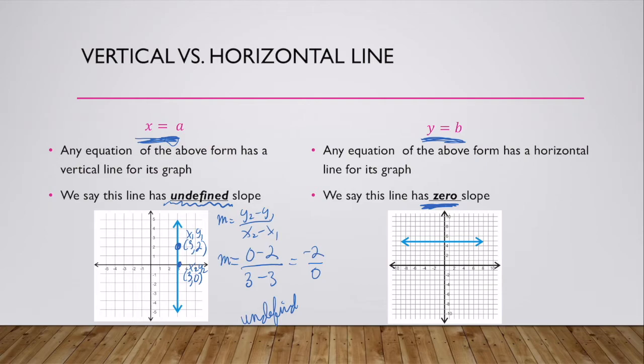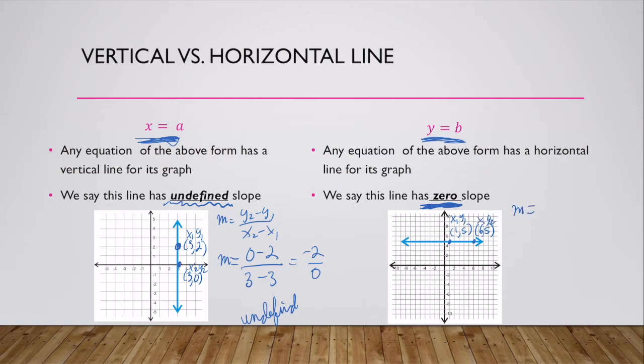Let's figure out why this line has 0 slope. So let's pick 2 points. I've got when x is 1, y is 5, and when x is 6, y is 5. Those are just the first points, x1, y1, x2, y2.